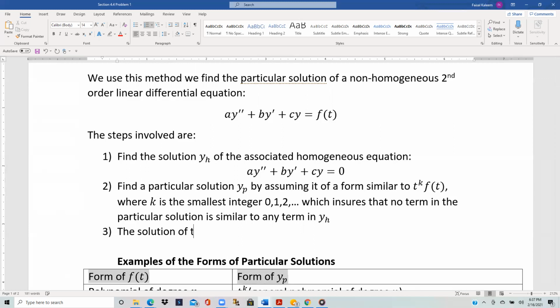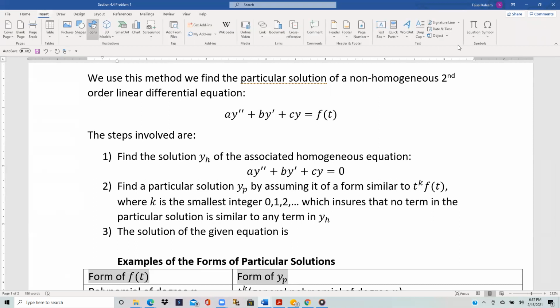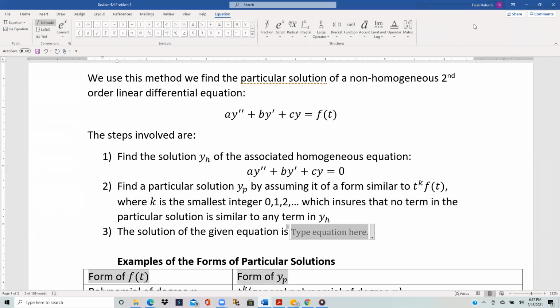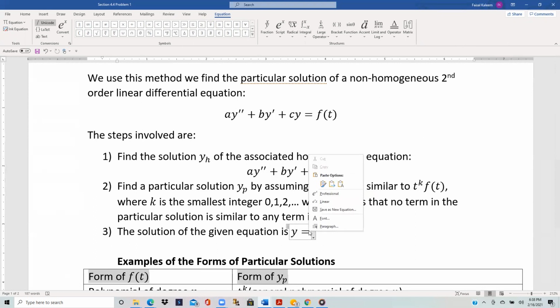The solution of the given equation is y is equal to y_h plus y_p. I'll mention why I did not write this before.